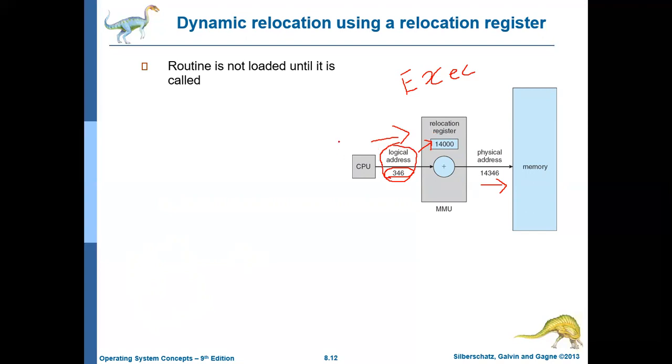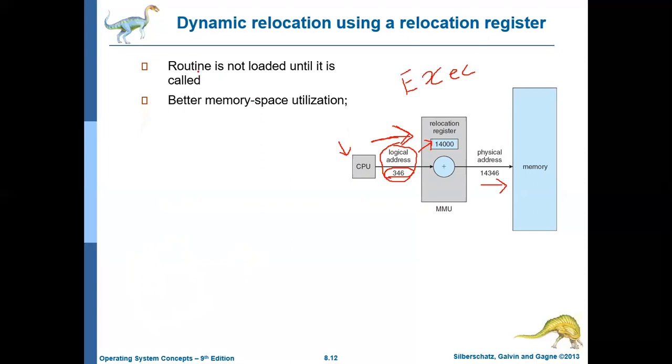So the CPU will know from which location the address should be taken, and the CPU will directly use the correct address, so the logical address itself will be the physical address.